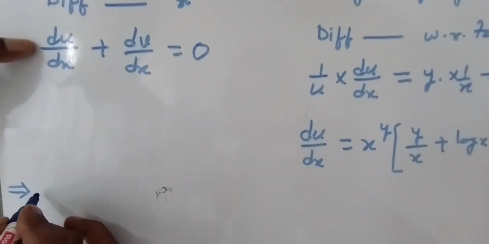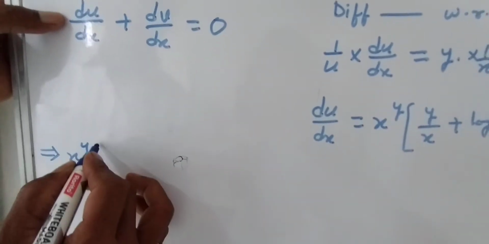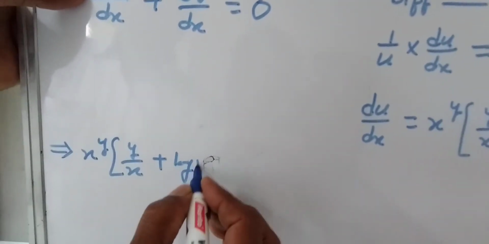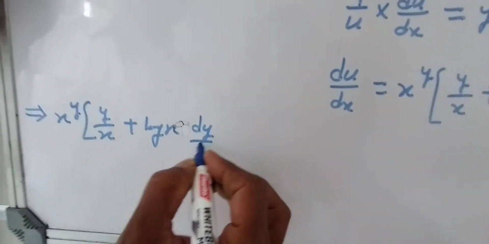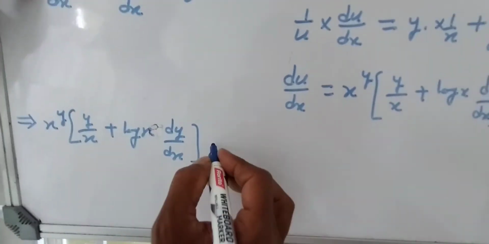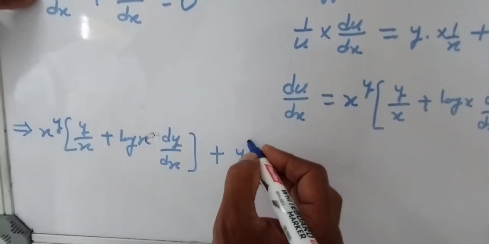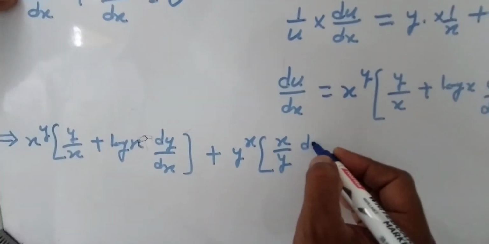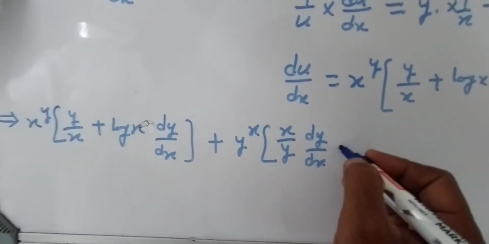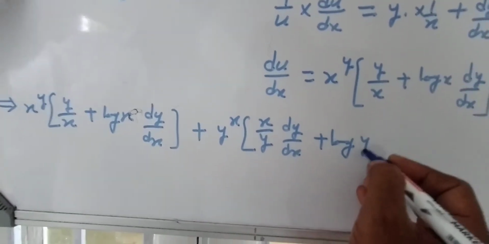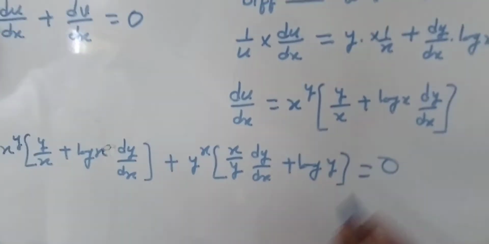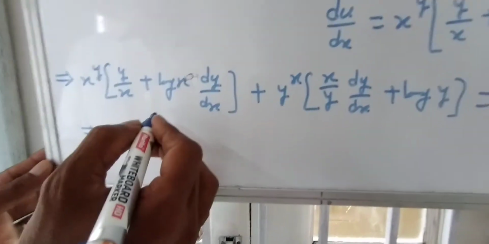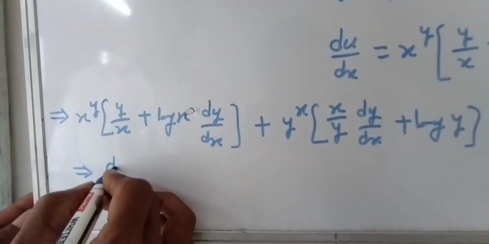So this will become x to the power y (y by x plus log x dy by dx) plus y to the power x (x by y dy by dx plus log y) equal to 0. We have to find dy by dx, so we should keep the dy by dx terms on the left hand side and take them common.